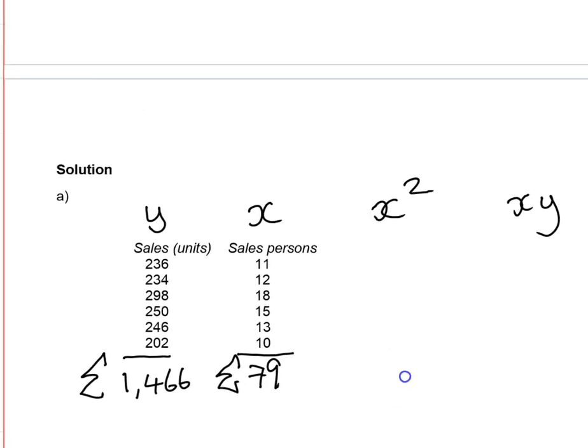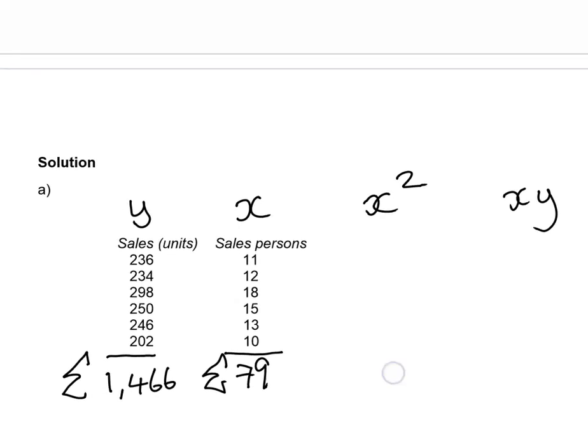We're going to calculate just a few of these to show you the principle. So we've got x squared, 11 squared is 121, 12 squared is 144. X times y, 11 times 236 is 2596.